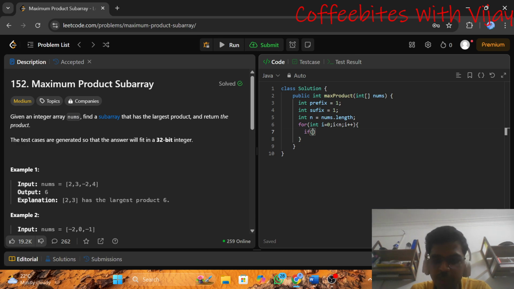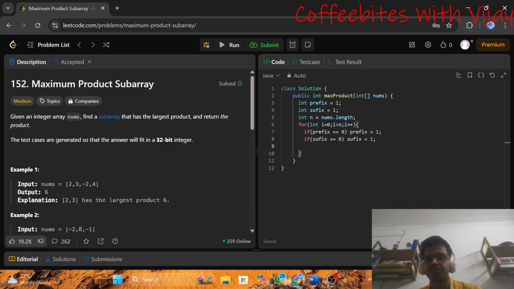If prefix is equal to 0, then reset the prefix back to 1. And if the suffix is equal to 0, then reset my suffix back to 1. So what I did is, if I encounter the product as 0, I will reset it.